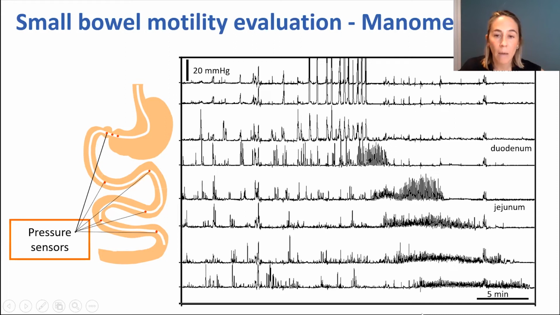You can see the MMC, the migrating motor complex, which occurs approximately every 100 minutes. It is characterized by these strong contractions called phase 3, and they move down the small bowel, moving all the residues of digestion into the colon.